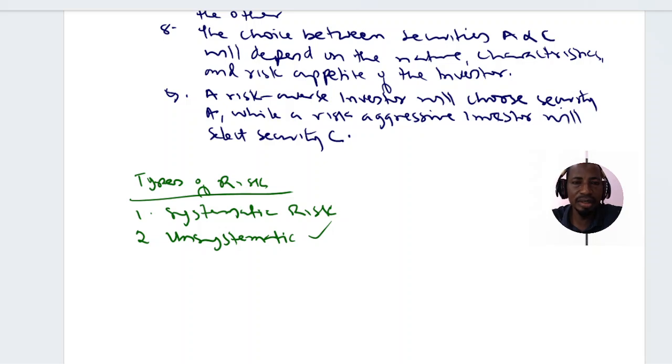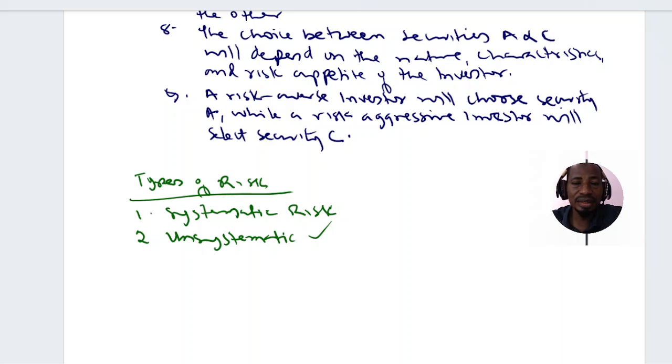I repeat, systematic risk is a kind of risk that affects all the companies or industries in the economy. It's a type of risk that investors would like to pay for in order to avoid, but it's not possible because every company, every individual will bear the impact of systematic risk, and that's why it is not diversifiable.